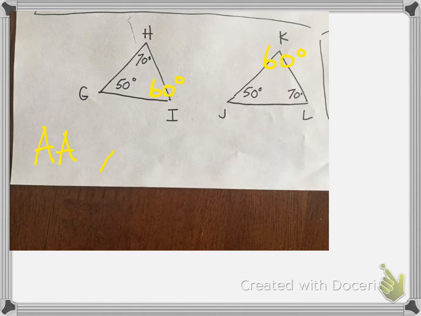To write a congruence statement, you could do this. G, H, I. And then you have to put the right parts. So if I choose GHI, you see that G is 50, so the one that's 50 is going to be the same.